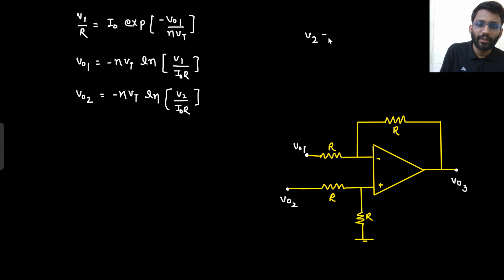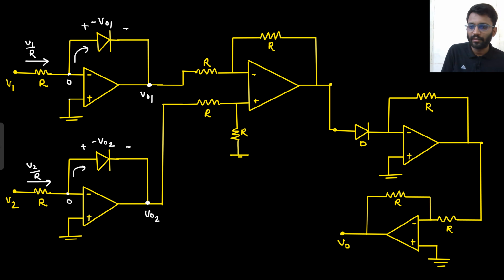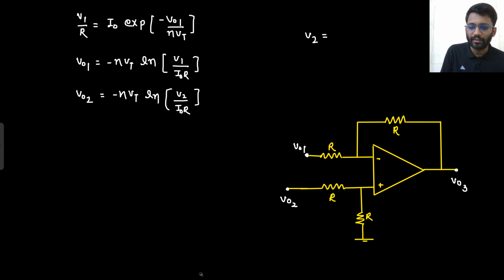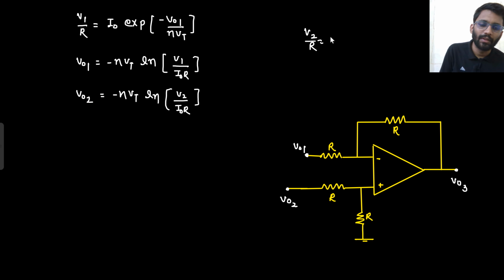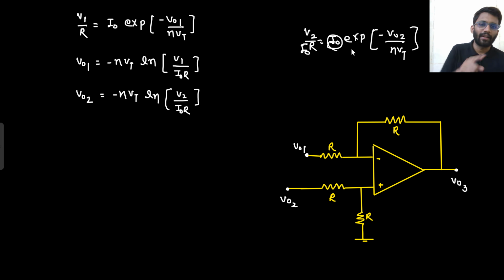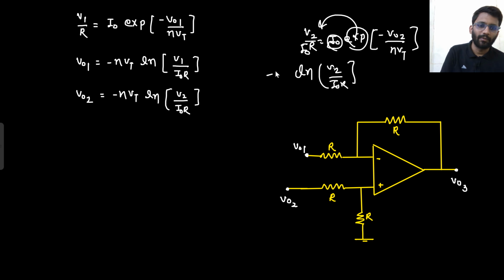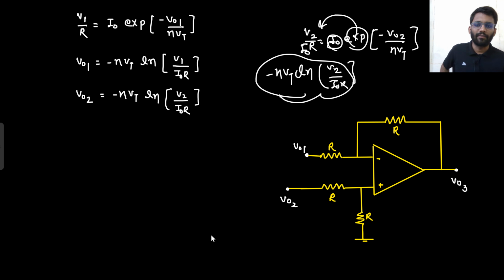So for V2, how will you write the current equation? The current equation is V2 by R is equal to I naught e to the power Vd upon eta Vt. What is Vd? Vd is minus V02. Then this I naught will go here. This will be V2 by I naught R. Then the exponential will go away and it will become ln V2 by I naught R. Then this negative eta Vt will come here. Right? So minus eta Vt ln V2 by I naught R.